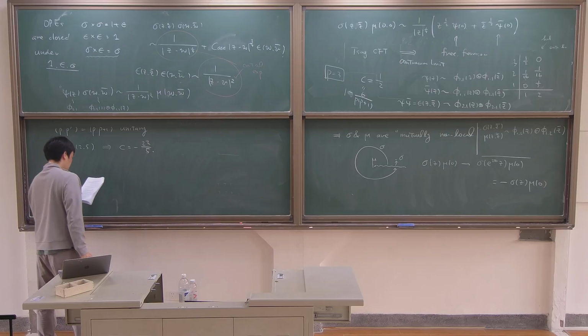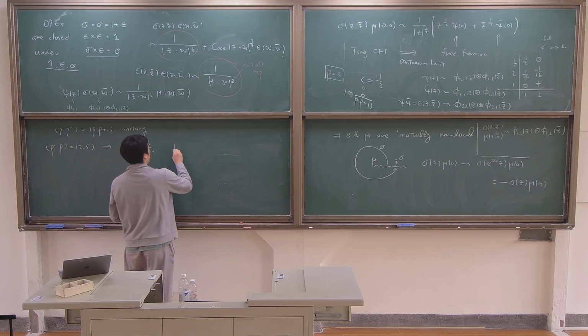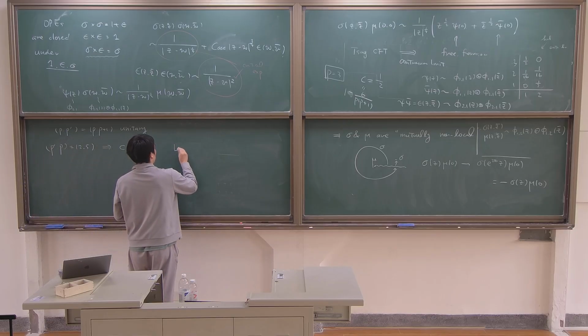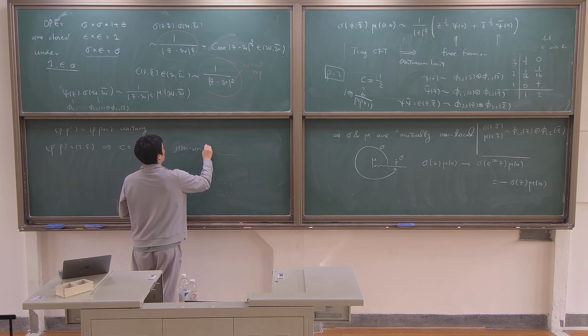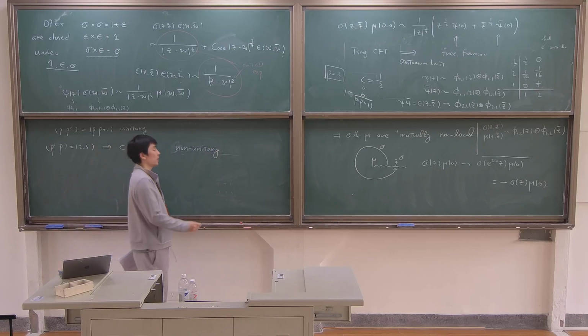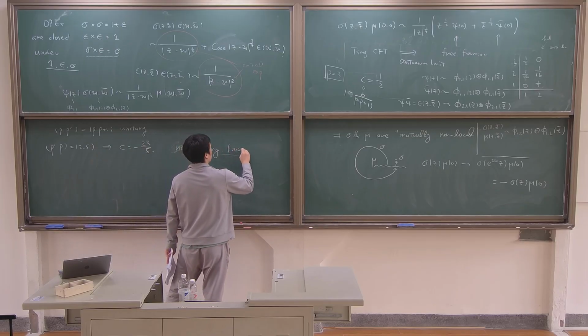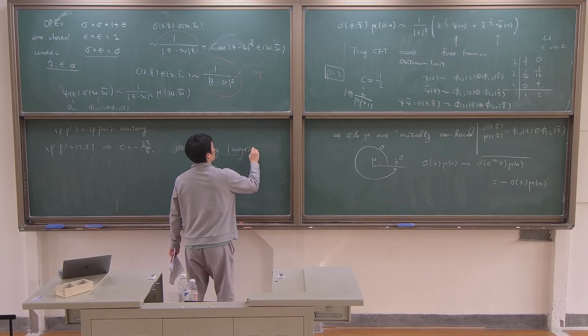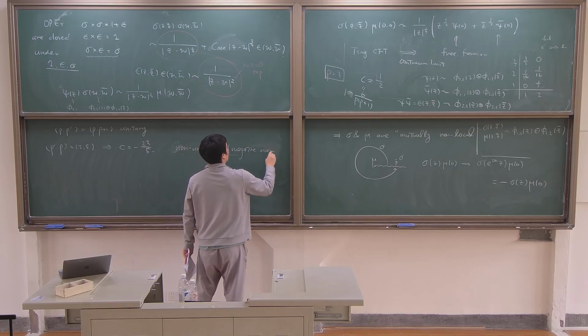Okay? So this is called the Virasoro Lee-Yang model, non-unitary. Non-unitary means that it has a negative norm state.